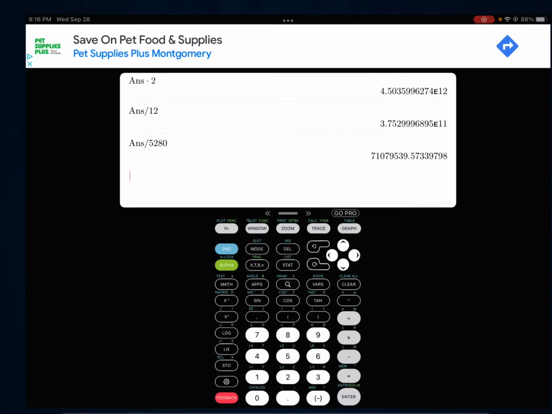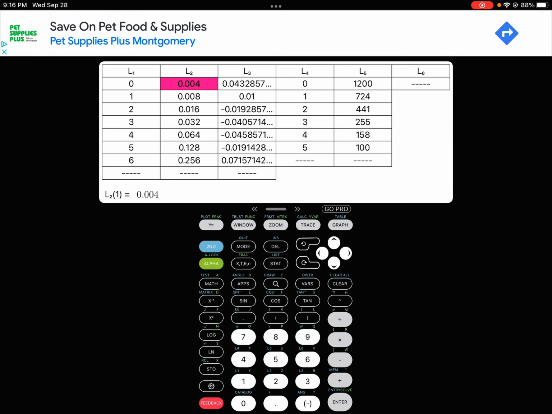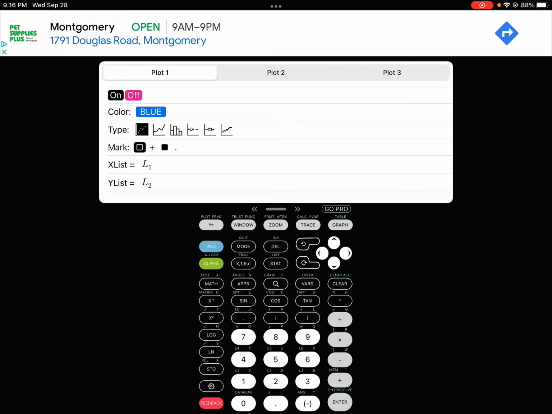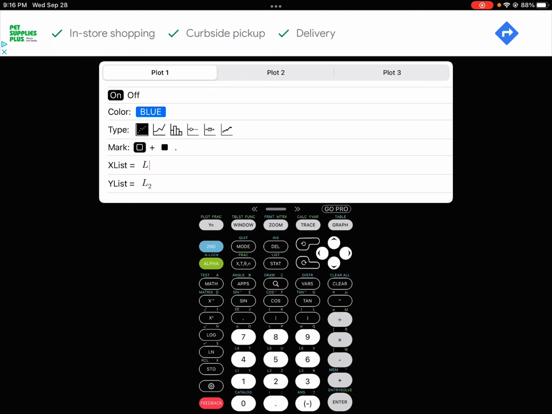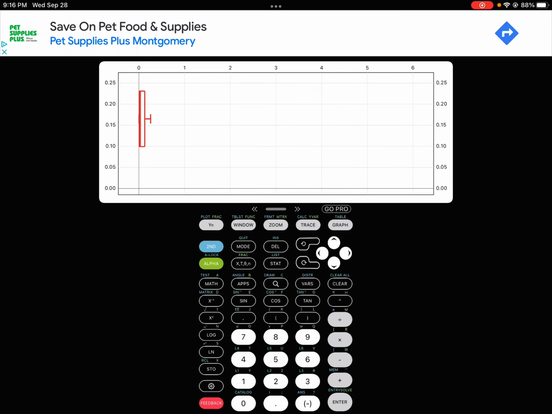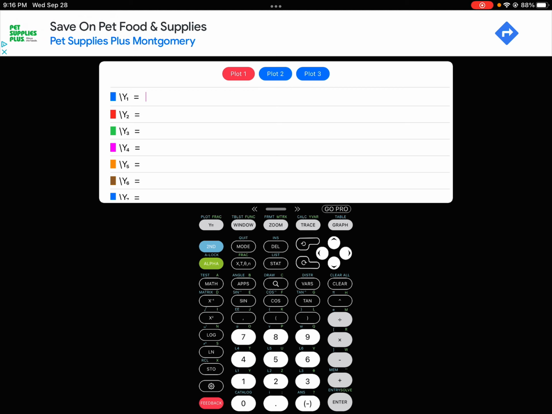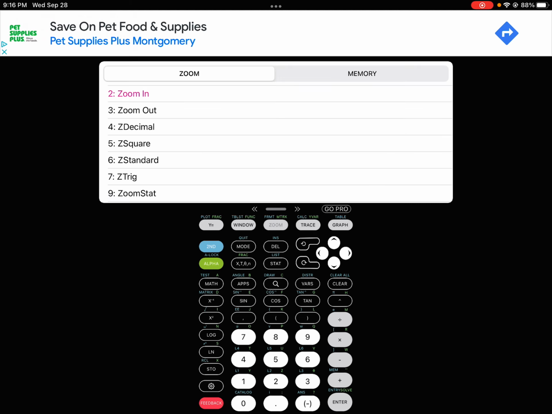So for the sake of time, I actually put this data a little bit later on into list 4 and list 5. So if I make a scatter plot of list 4 and list 5, I hate that box plot comes on every time.